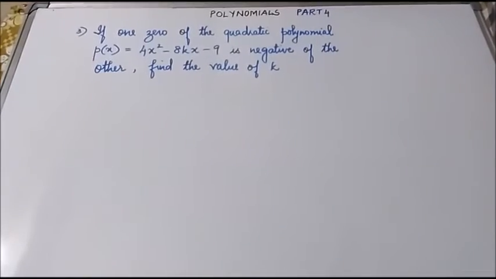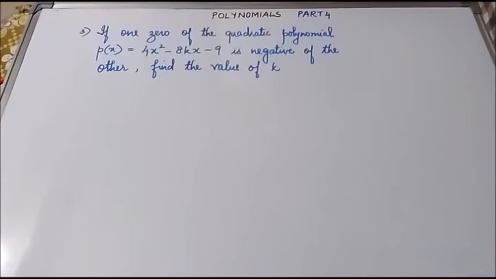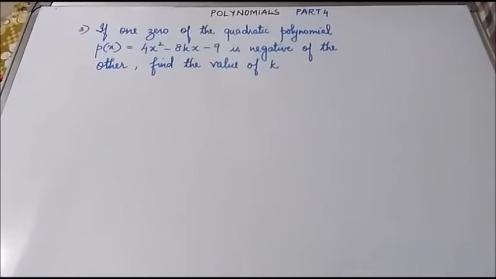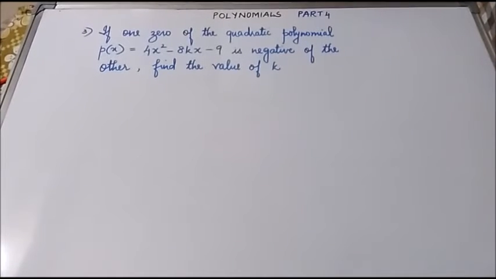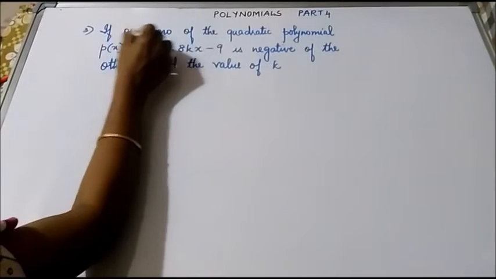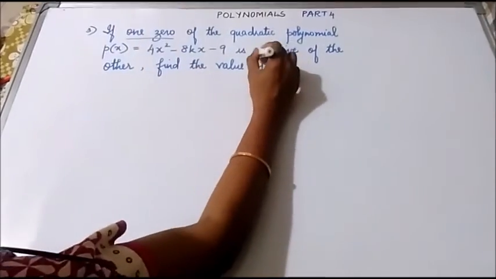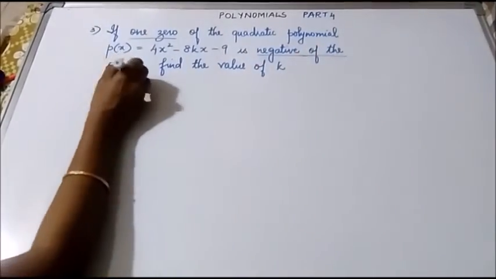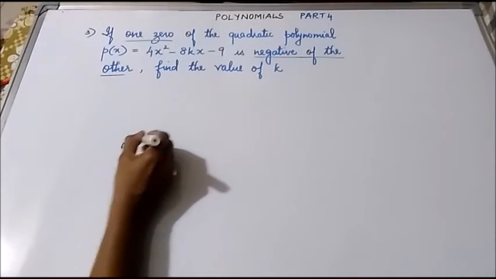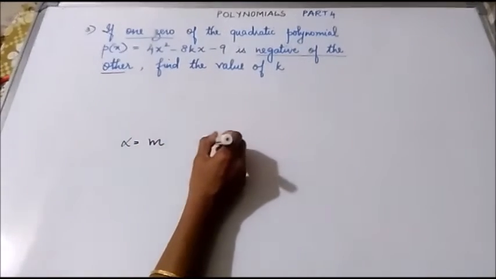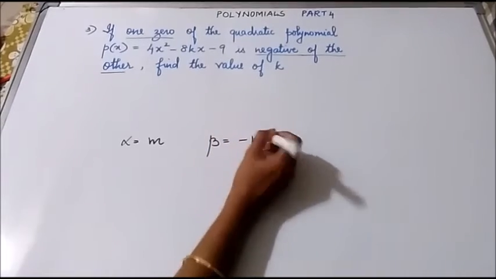Next question. If one zero of the quadratic polynomial 4x square minus 8kx minus 9 is the negative of the other, find the value of k. What have they told us? One zero is the negative of the other. That is, if alpha is equal to m, then beta will be equal to minus m.